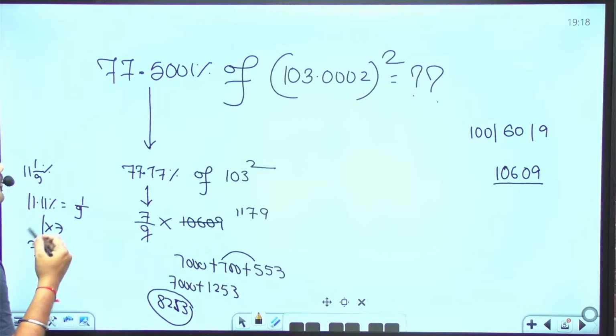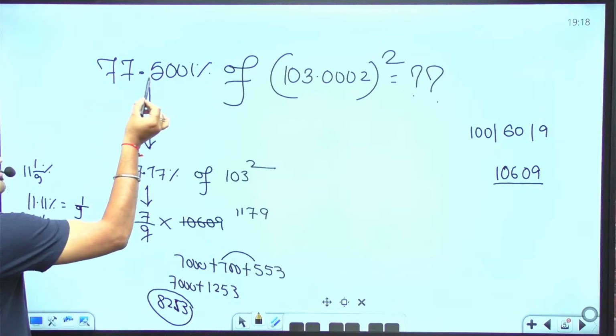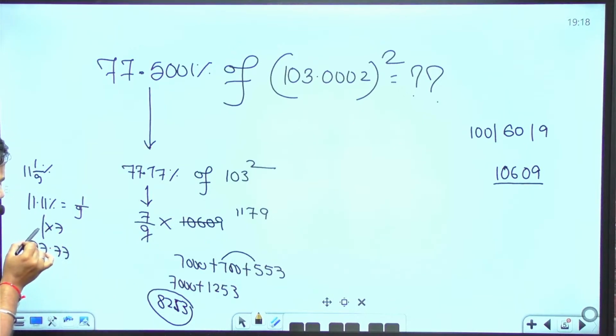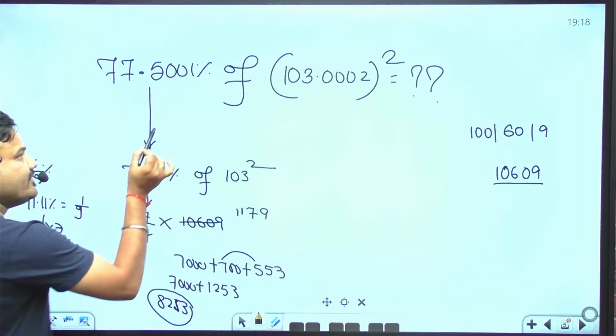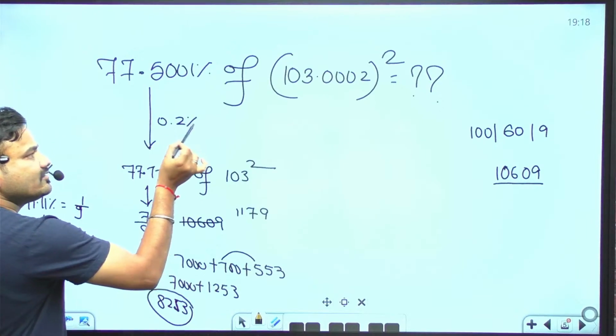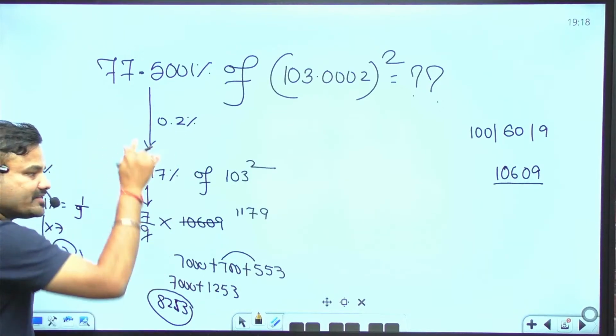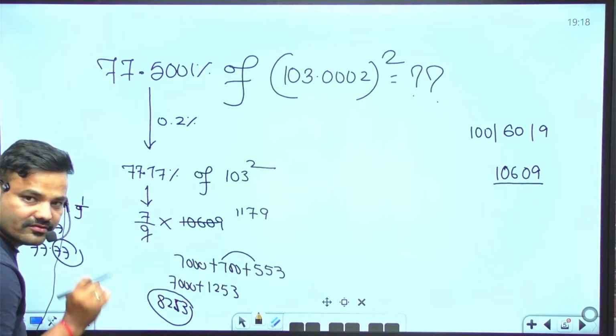Yes, we have done the approximation. This was 77.5%, and I calculated 77.77%. That means a deviation of 0.2%. 0.2% of a 5-digit number can't be ignored.